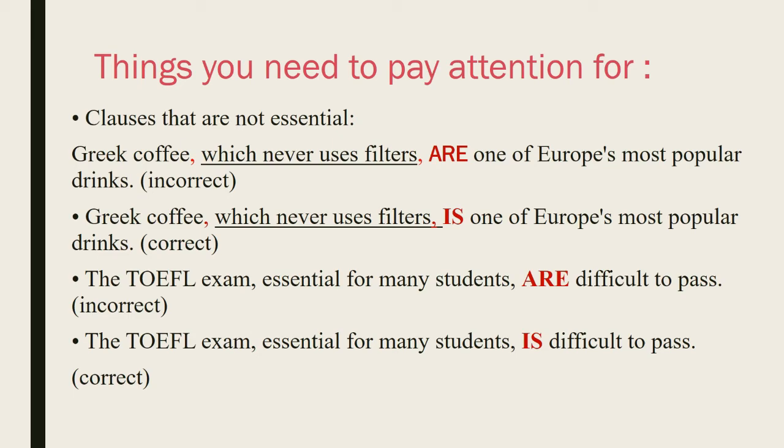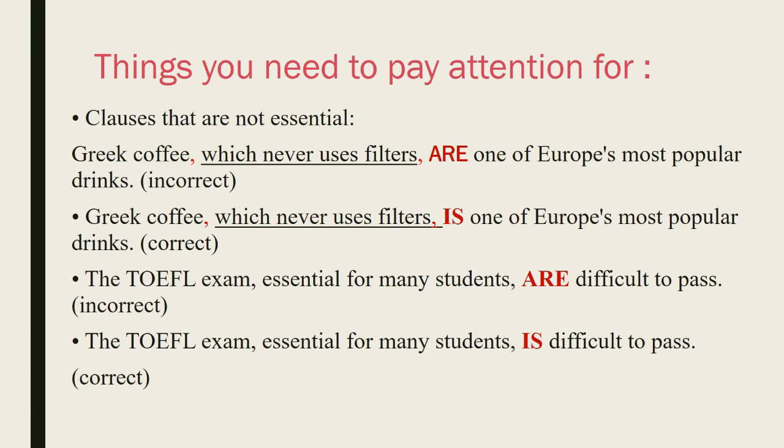Now, let's look at another example. The TOEFL exam, essential for many students, are difficult to pass. This is incorrect. Why is it incorrect? Because the subject is TOEFL exam, and it is singular.